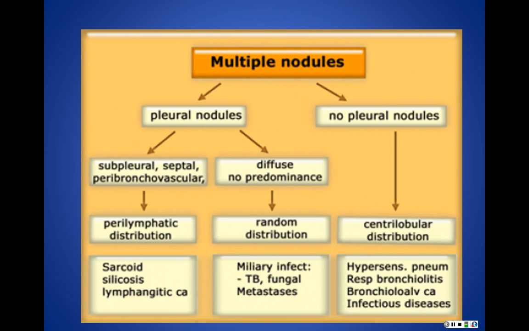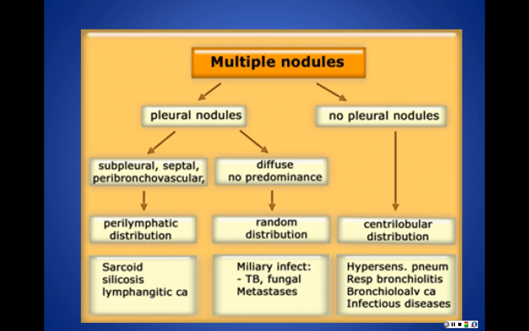We see the multiple nodules. So they touch the pleura, subpleural, septal, peribronchovascular, perilymphatic distribution. Only few things come to your mind: sarcoid, silica, lymphangitic spread of cancer. Touches the pleura, random distribution: miliary and metastatic lesions. Okay.